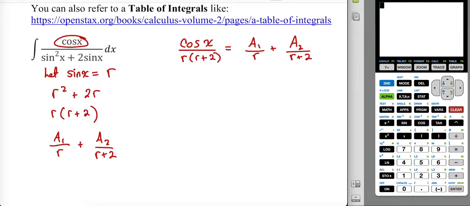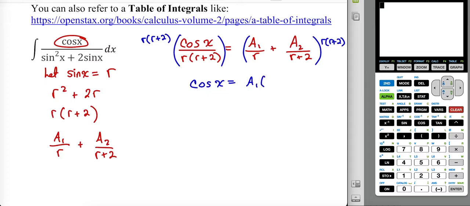And then I would start the cancellation, simplification process, which would involve multiplying everything by r times r plus 2. On the left, I would just be left with the cosine of x. On the right, I would have a sub 1 times r plus 2 plus a sub 2 times r.